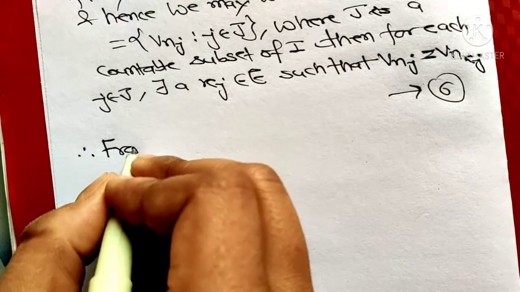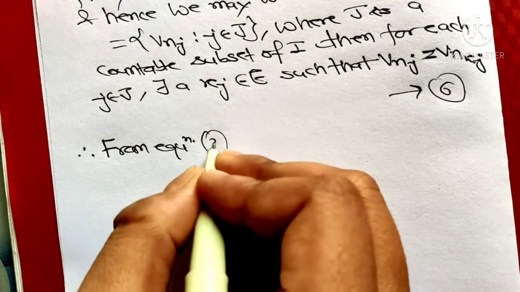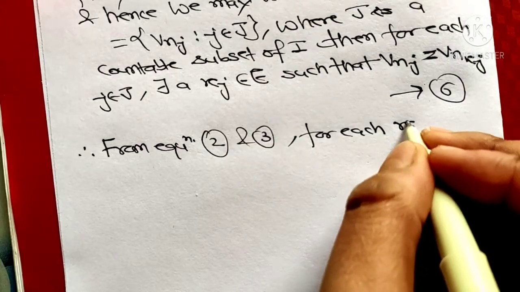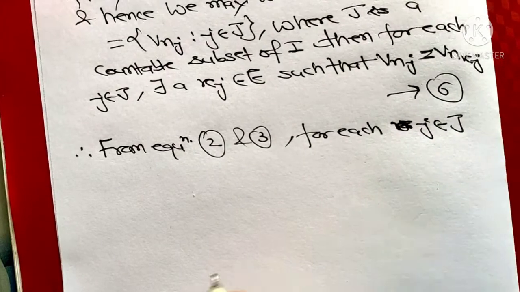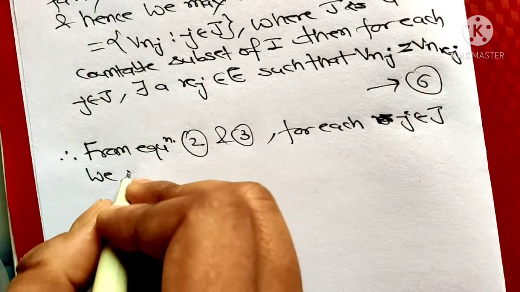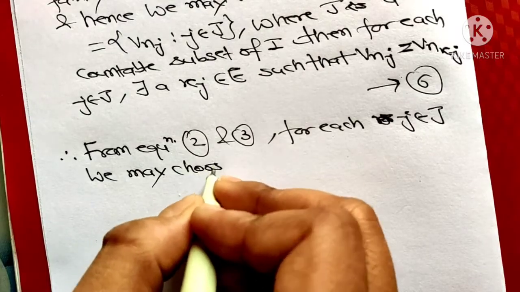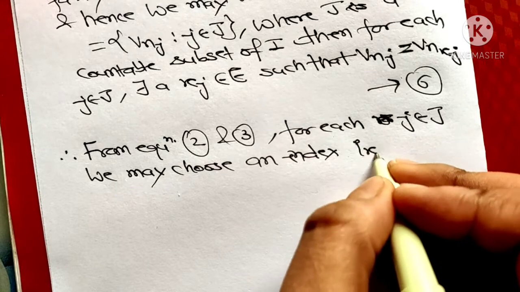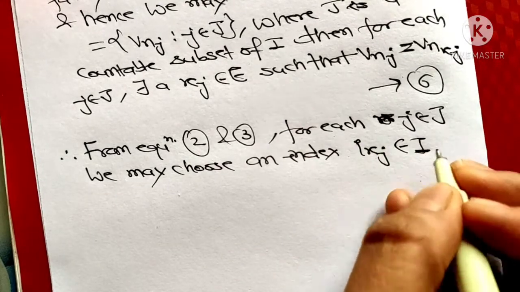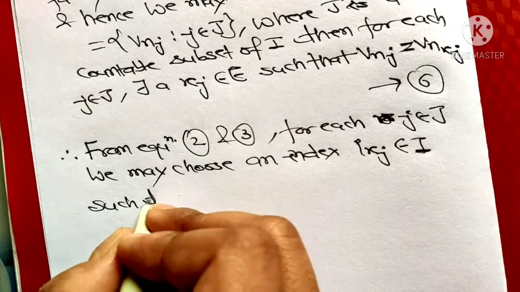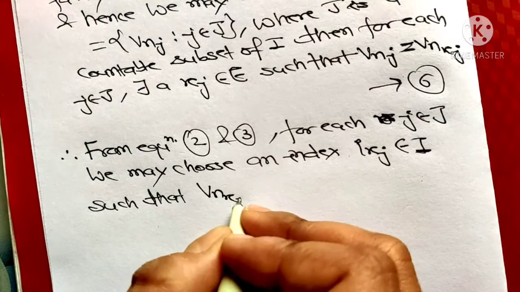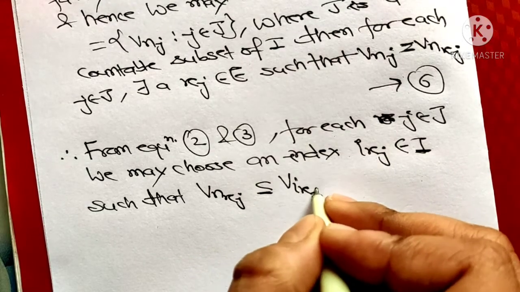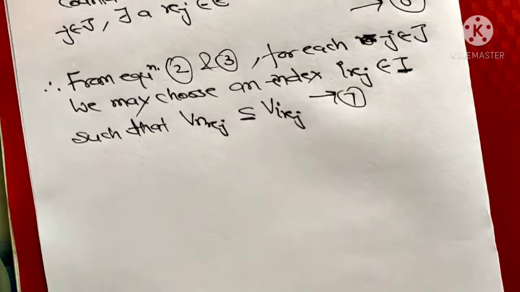Therefore, from equations 2 and 3, for each j belongs to J, we may choose an index i_{x_j} belongs to I such that V_{n_{x_j}} is a subset of G_{i_{x_j}}. Call it equation 7.